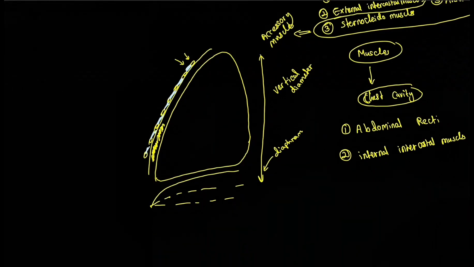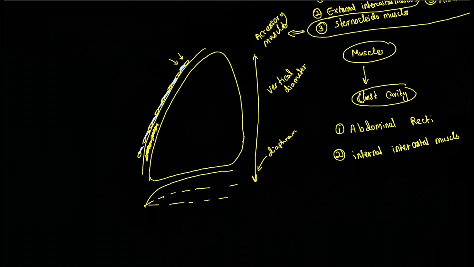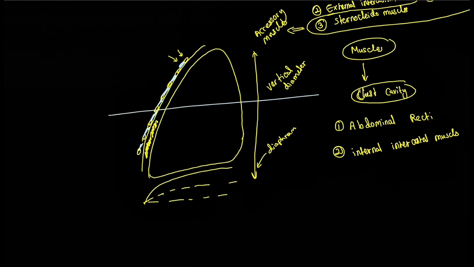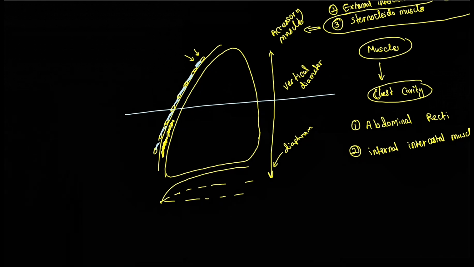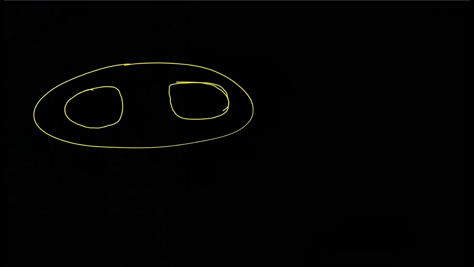So what are the anteroposterior and the lateral diameters? Think of it like this. When you take a cross section like this and see it from above, you will get an image like this. These are your lungs. This is your right lung, and this is your left lung.